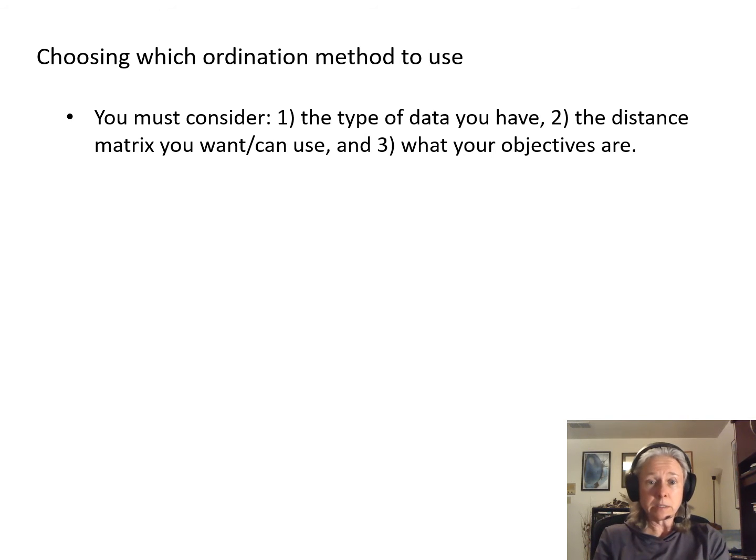Second, the distance matrix that you have or that you want or that you can use, because certain types of ordination are constrained by the distance matrix that you can use. And I'll talk about distance matrices in an upcoming slide. And then finally, what your objectives are. Are you really looking for an unconstrained kind of relationship, or do you think there's a constrained relationship going on?